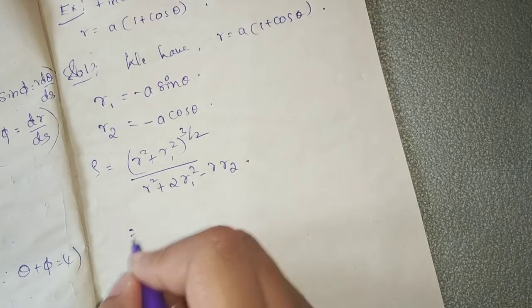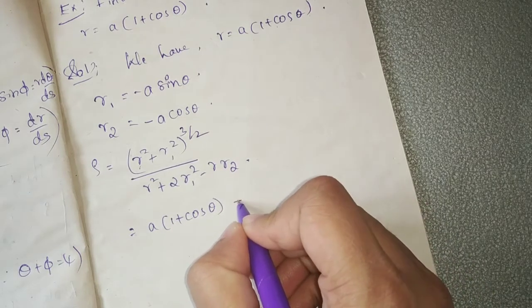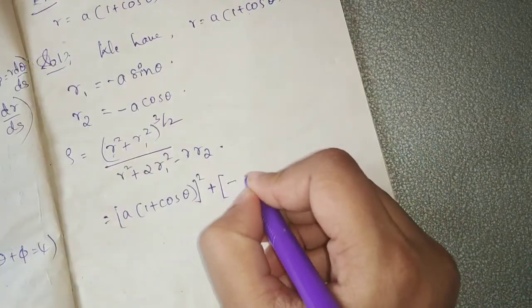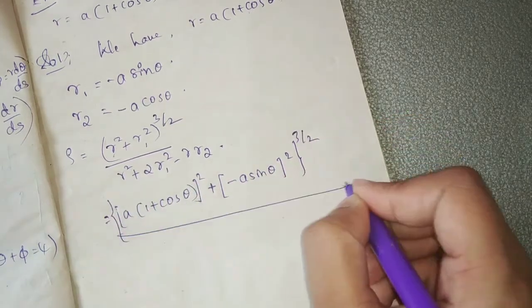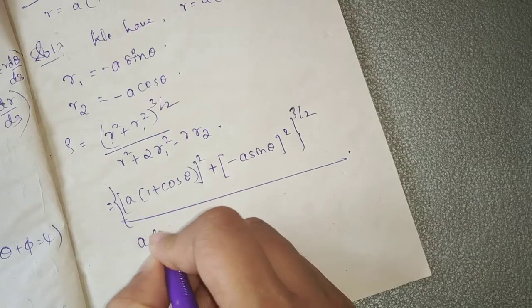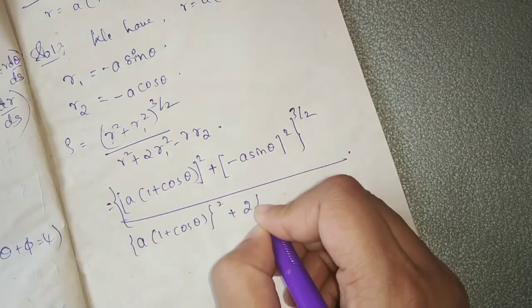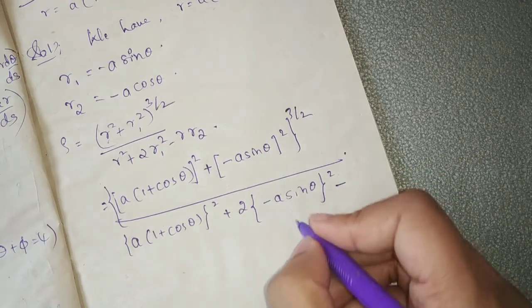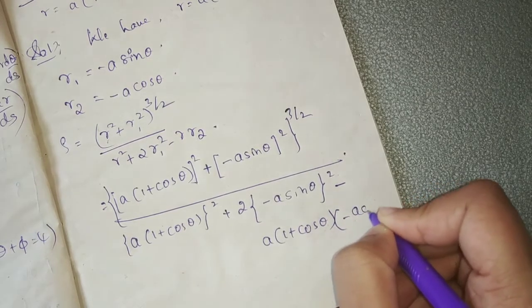Now, substituting all the values, the value of r as a into 1 plus cos theta, we need the square of this, plus r1 square, which is minus a sin theta the whole square, whole raised to 3 by 2, divided by r square, which is a into 1 plus cos theta the square, plus 2 into r1 square, minus a sin theta the square, minus r into r2, which is a into 1 plus cos theta into the value of r2, which is minus a cos theta.